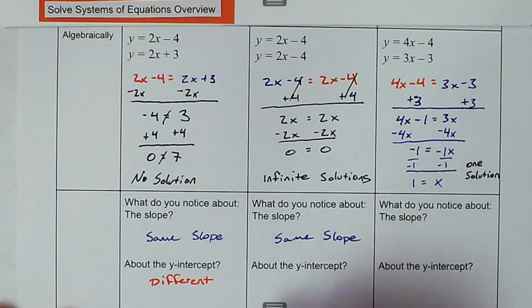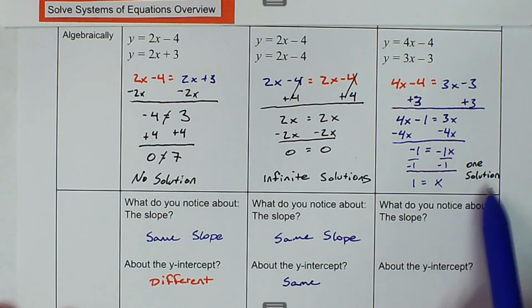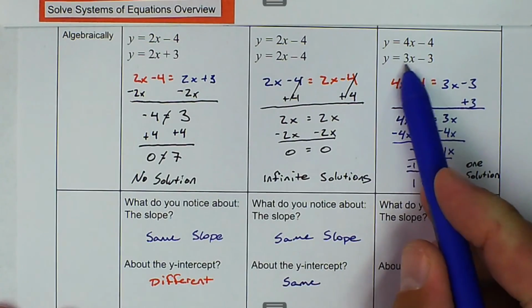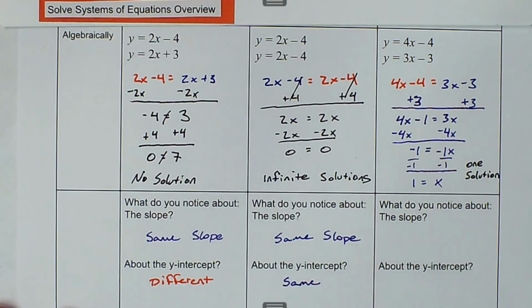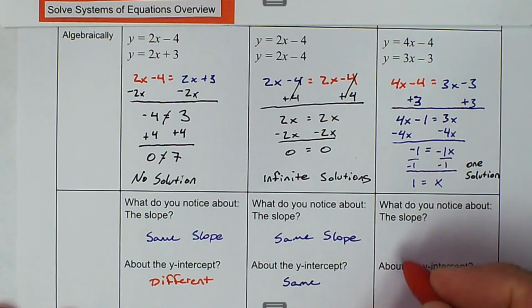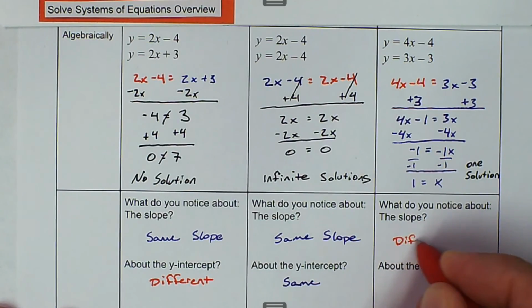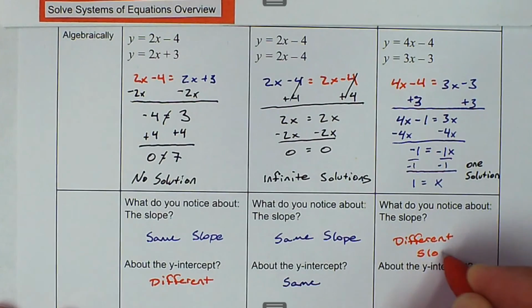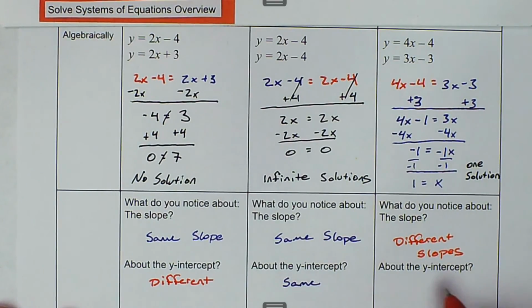And what do we notice about the y-intercept? Same. And then for one solution or intersecting lines, what do you notice about the slope? They have different slopes. And what do you notice about the y-intercept? That's also different.